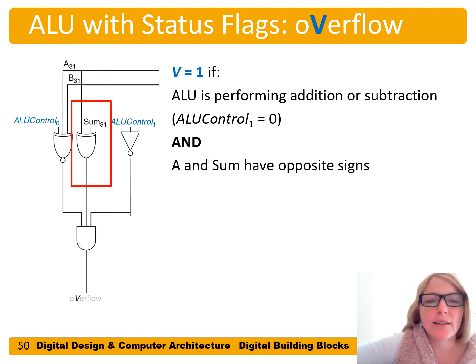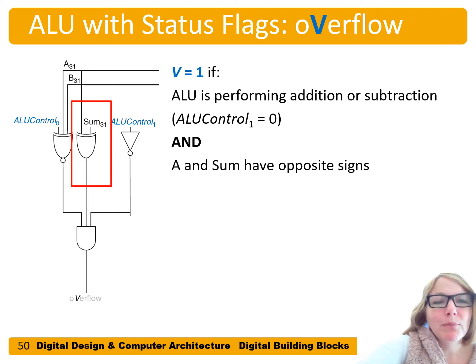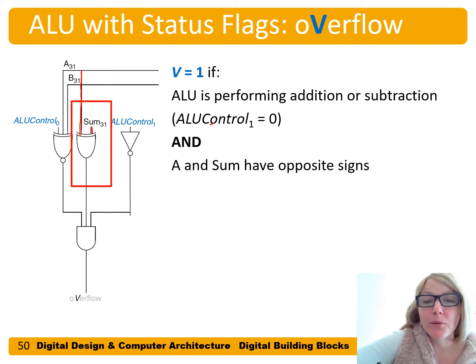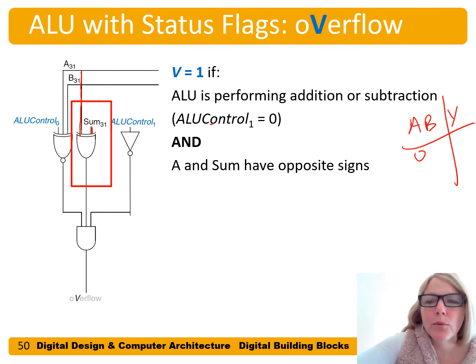Next condition is, do A and sum have the opposite sign? Okay, so we just pick one of them. It could be B or sum have the opposite sign, but in this case, we just pick A bit 31, XOR sum bit 31, right? Remember, the XOR function is going to output a 1 if they're the opposite.